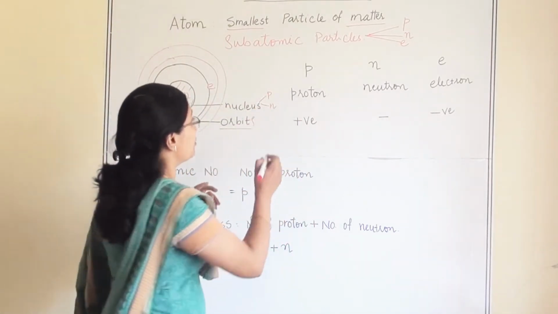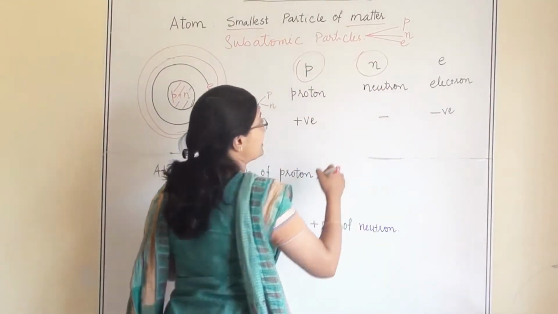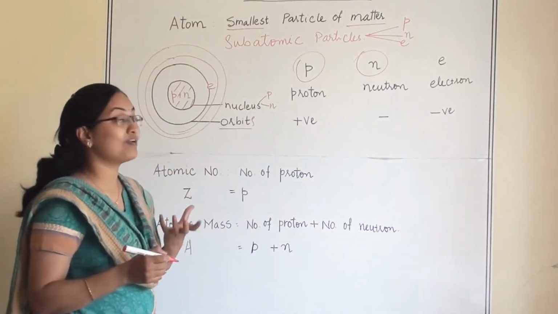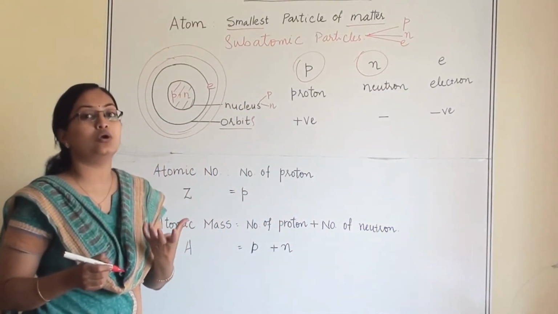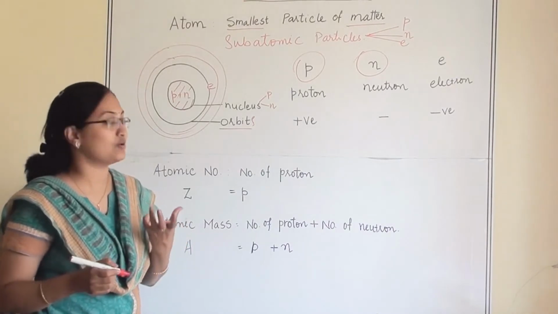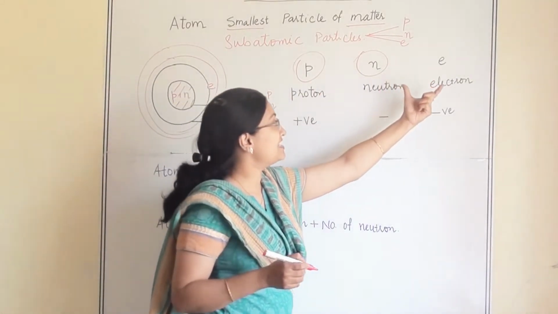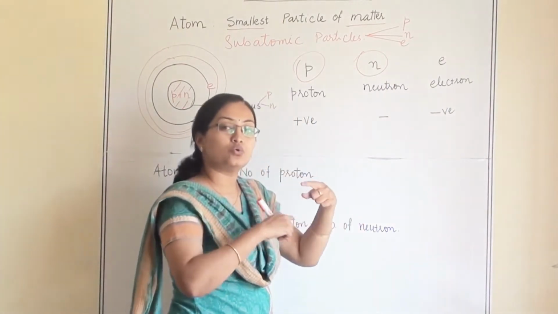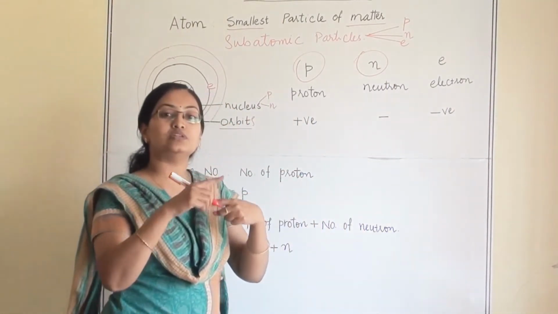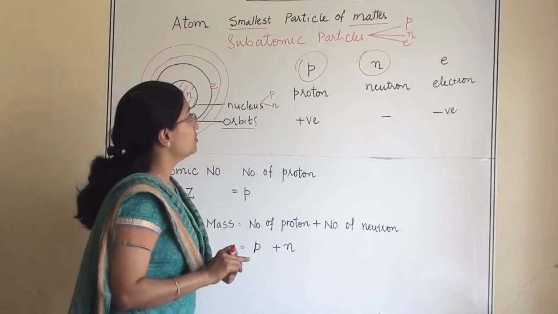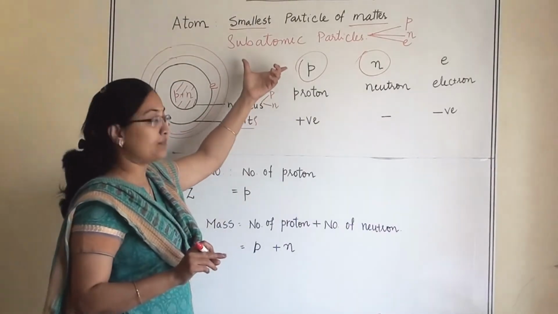So proton and neutron we can see in the nucleus. They are also combinedly called nucleons. Proton and neutron are present in the nucleus, whereas electrons are rotating around the nucleus in the orbits. So these are the subatomic particles.